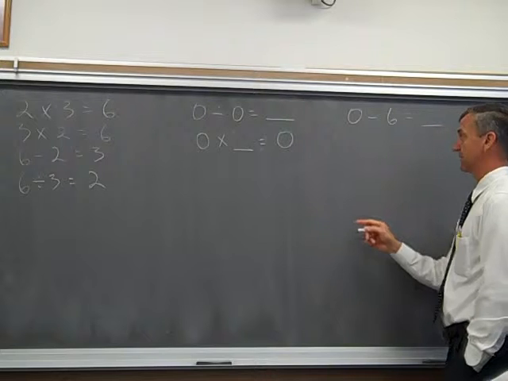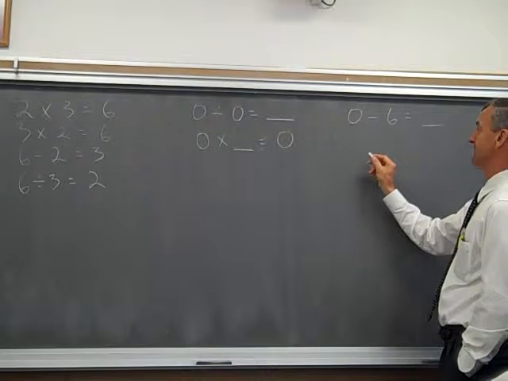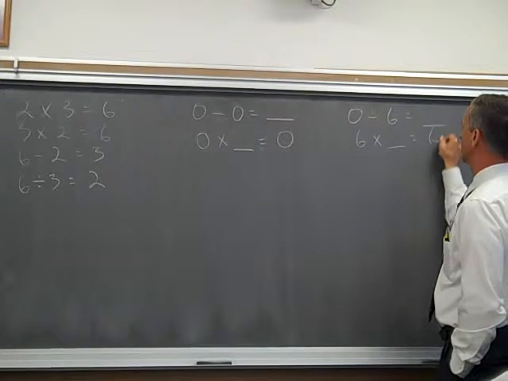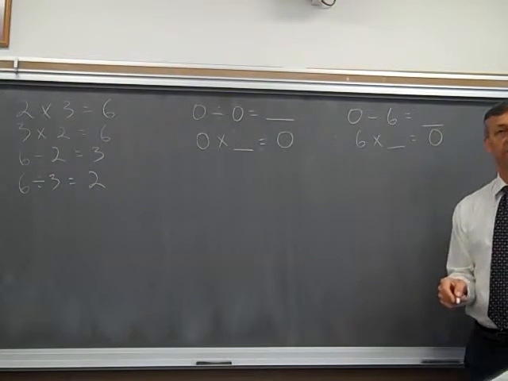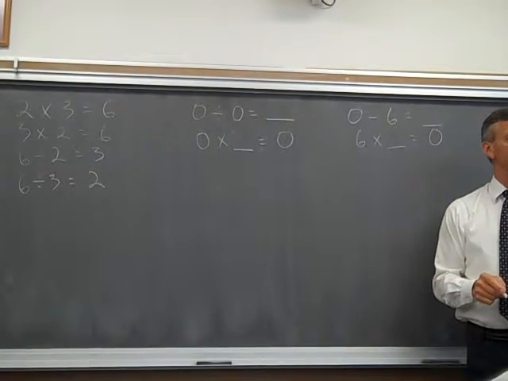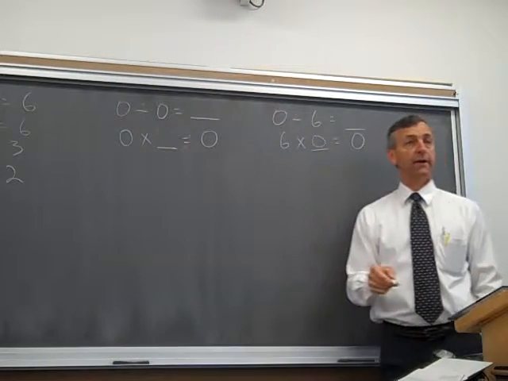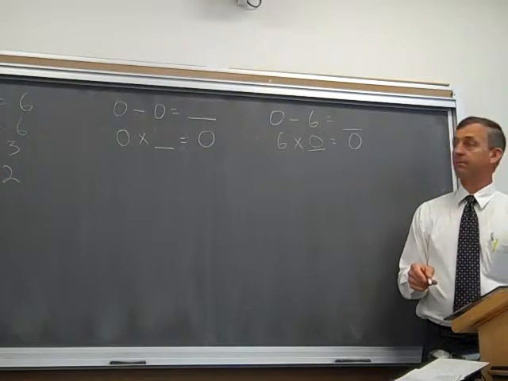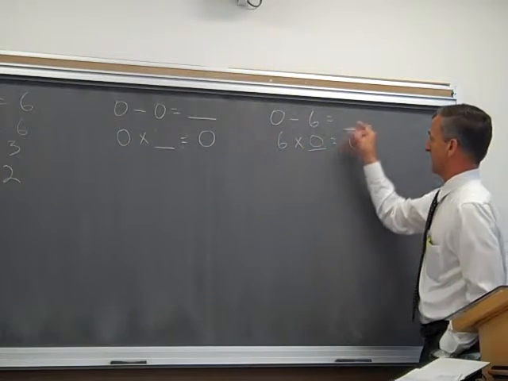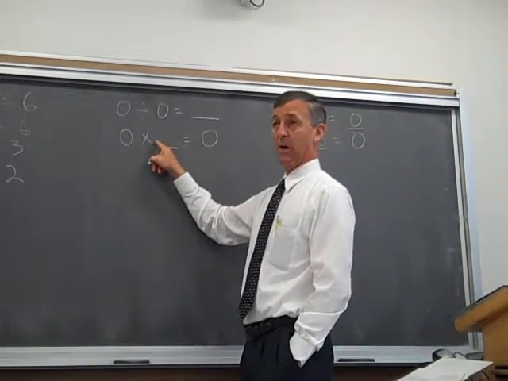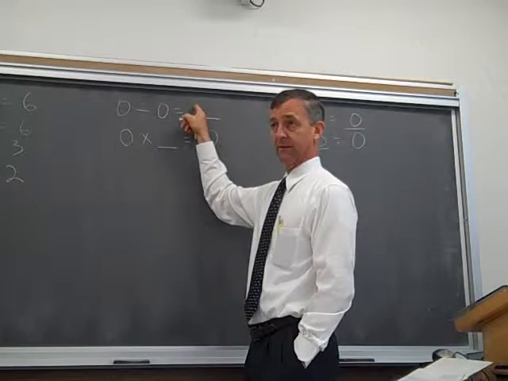Follow the pattern. 6 times blank equals 0. Is there an answer there? 0 is the only number that will work, right? So if this is 0, then this must be 0. If I can put any number I want in here, this has got to be undefined.